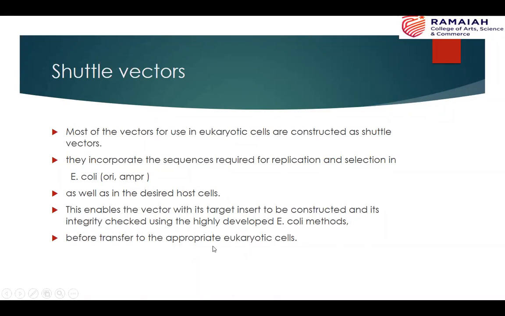Then it can be transferred to the appropriate eukaryotic cells, because these vectors also include the sequences that are required for the desired host cell. So after this initial process of cloning, it can be transferred to the appropriate eukaryotic cell in which the vector will support the expression of proteins.